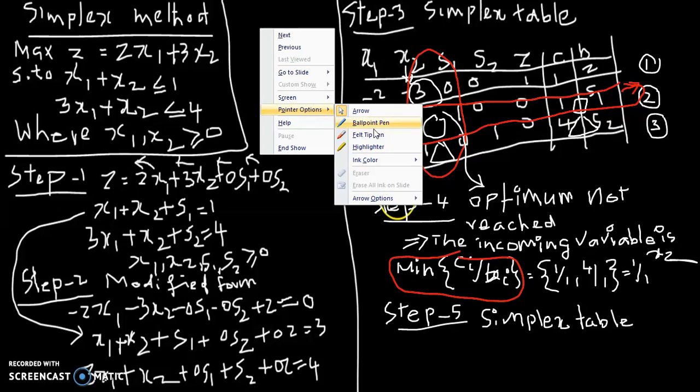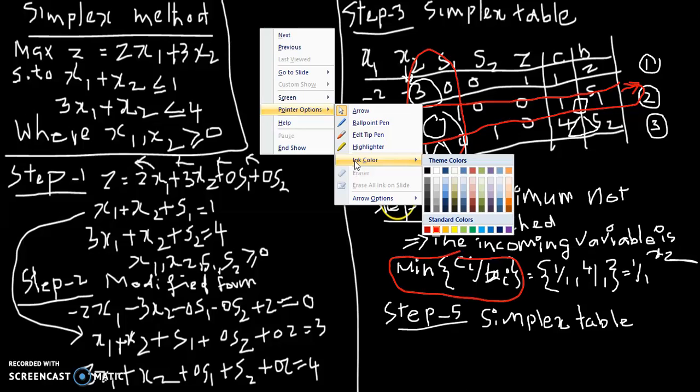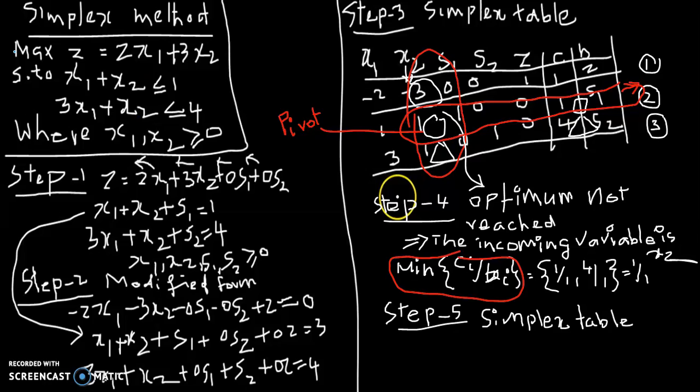Now we'll use some ink so that it will be very easy for you to understand what I say. Right here, this is what we call the objective function.